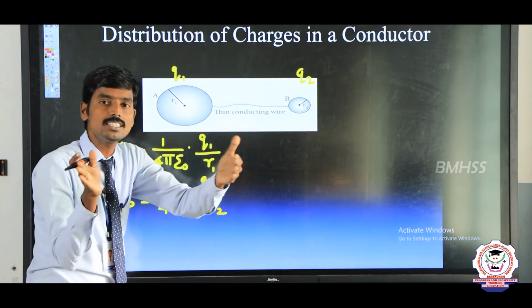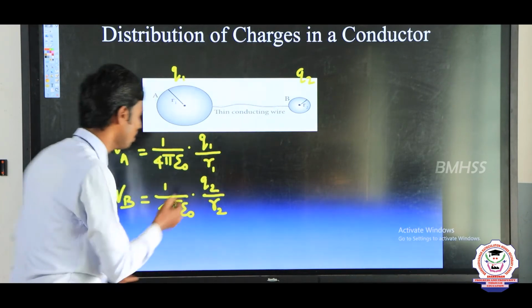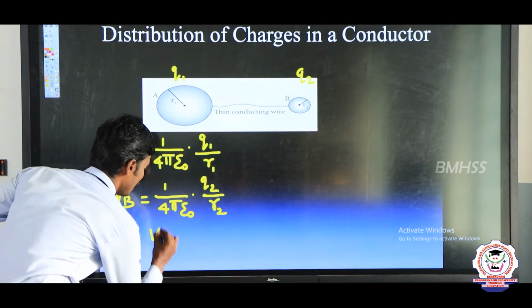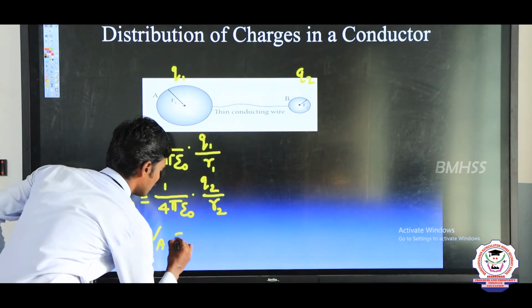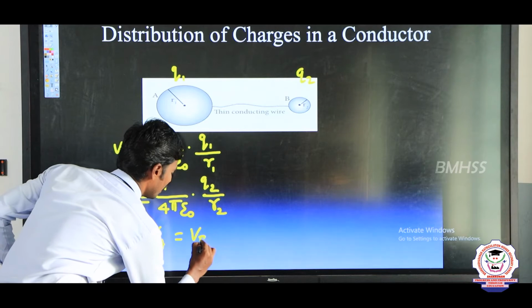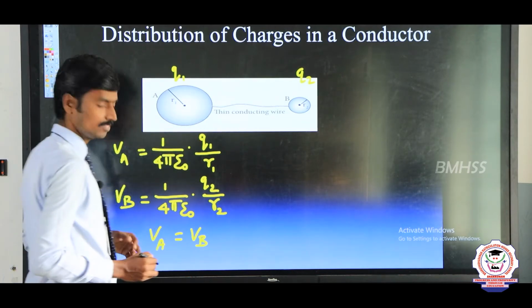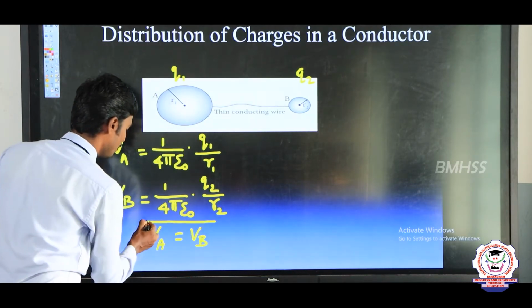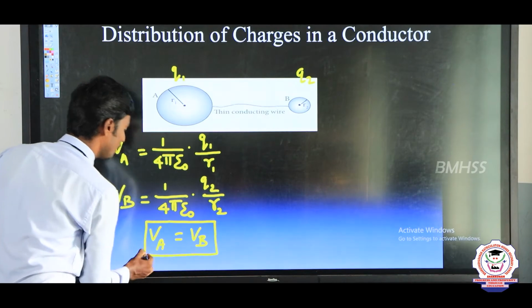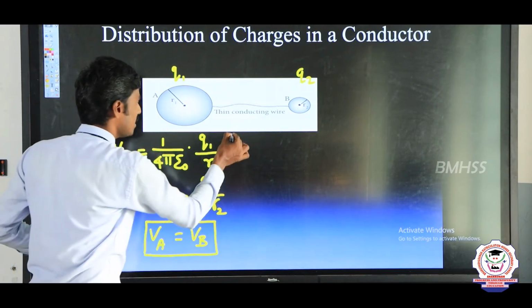Now the two spheres are equipotential. So VA equals VB because the two conducting spheres are connected with the conducting wire. Substituting these two values and equating them, we will get the answer.